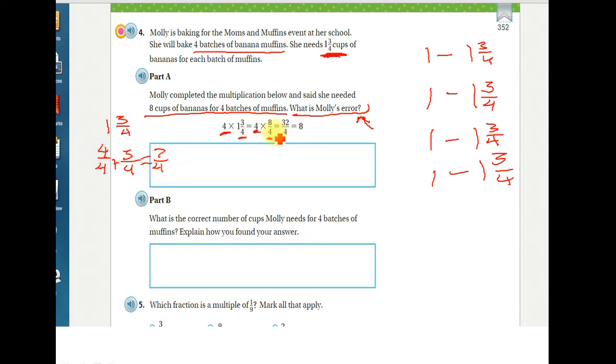Now look what Molly put. She said it's 4 times 8/4. But we just figured out that 1 3/4 is actually equal to 7/4. So, let's go to our question. What is her error?